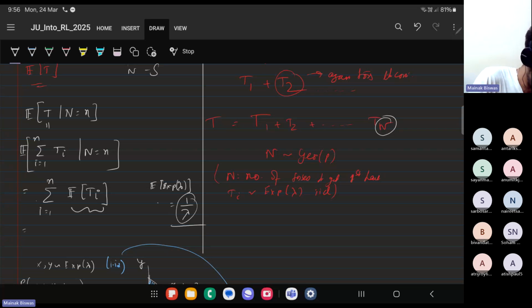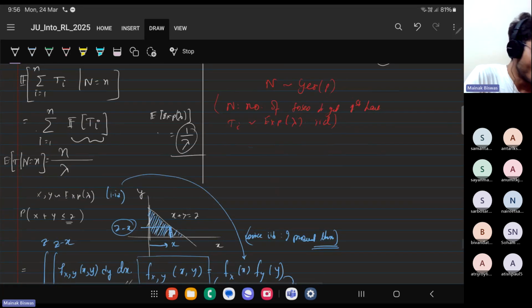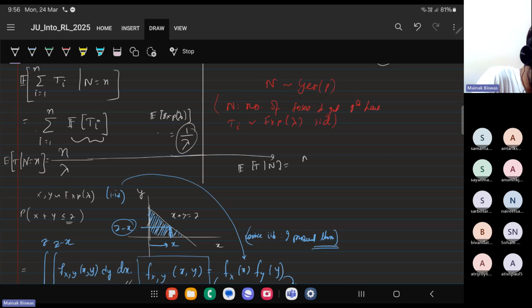So we see that the expected value of T given n equal to small n is n by lambda. But observe one thing, again, it's a random variable. I can just remove small n and write the expected value of T given capital N is N by lambda. Yes or no?